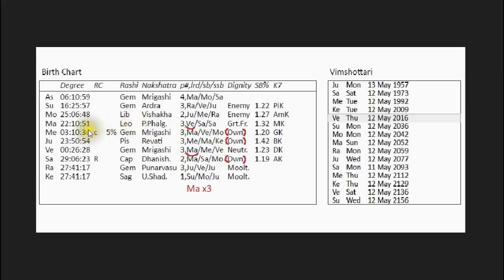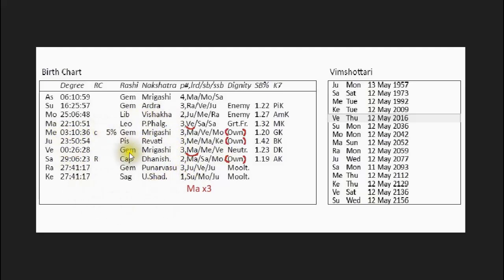Here's another little extra nugget of info. What are these grahas? Mercury, period of 19 years. Venus, period of 20 years. Saturn, period of 17 years. Sorry, I got that backwards. It was Saturn 19, Mercury 17.